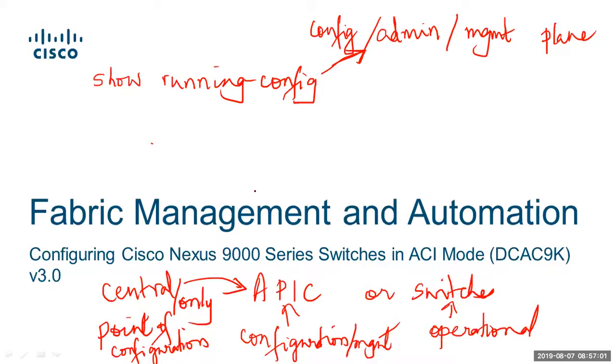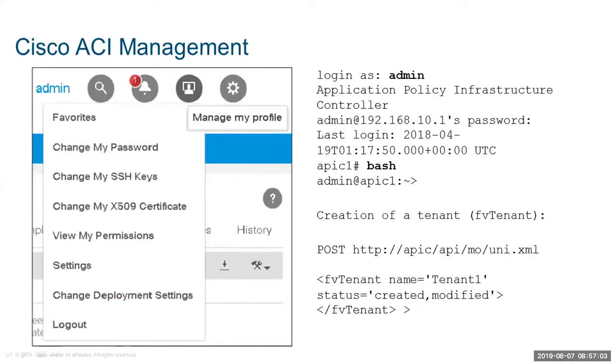So we've already arrived at this conclusion. The single point of administration is your APIC cluster. The switches are stateless hardware. Based on the desired outcome, the network engineer or administrator specifies the required configuration on the APIC.